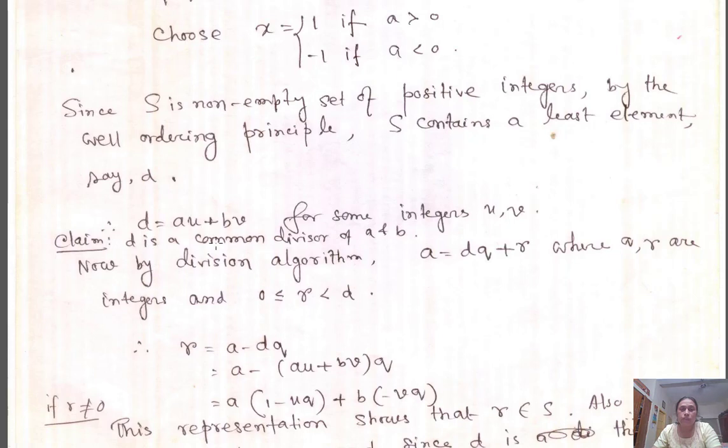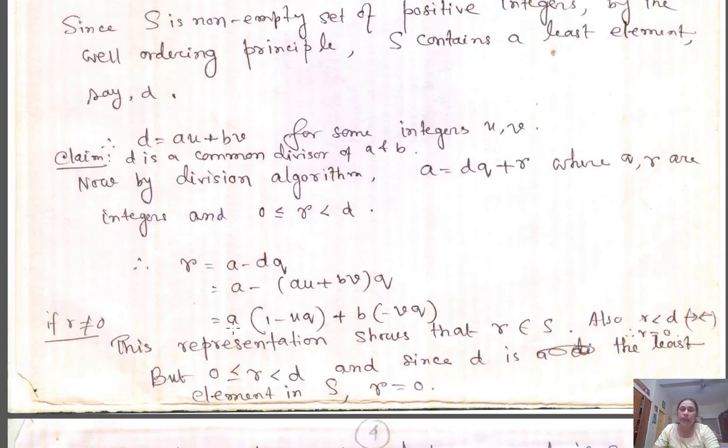So D is a common divisor of A and B. If you apply the division algorithm on A and D, you divide A by D, supposing D is not a divisor of A or not a divisor of B. Then you get A equals DQ plus R, where Q and R are integers, and R is either 0 or less than D. Now R is A minus DQ, and D is essentially AU plus BV, so R equals A minus (AU plus BV)Q.